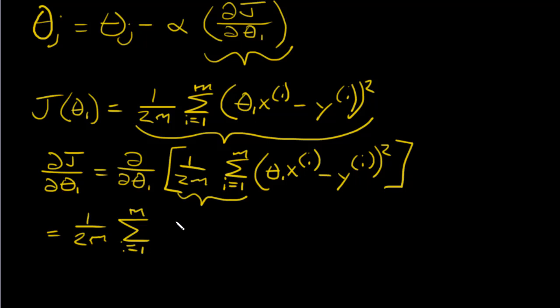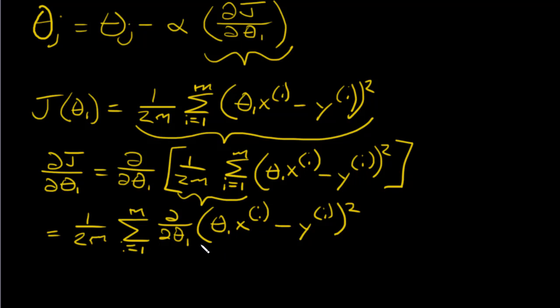And now we're going to have the partial with respect to theta 1 of theta 1 xi minus yi, quantity squared. Okay?